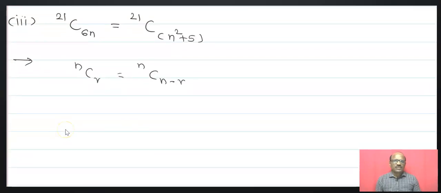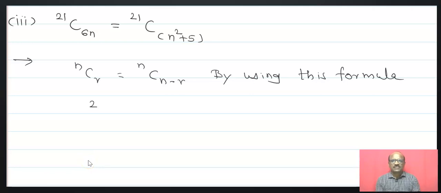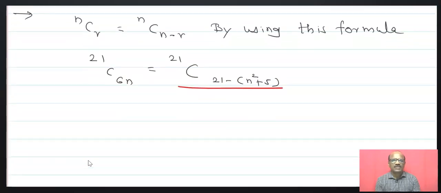Now again by using the formula nCr is equals to nC(n minus r), we can calculate here. That is 21C6n is equals to 21C(21 minus (n square plus 5)), and solve this now. This is again we will get a quadratic equation.